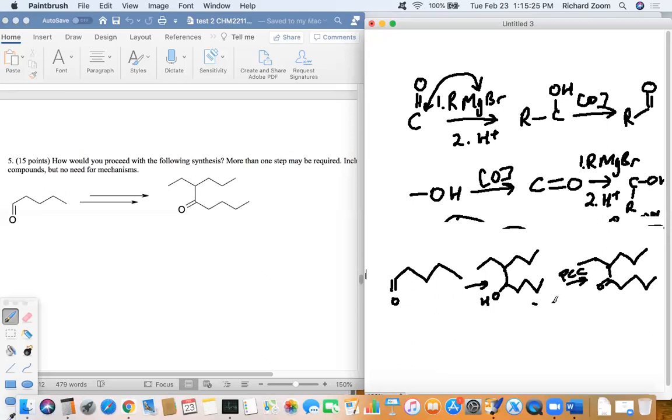Oh, yes, secondary alcohol turns into a ketone. I could have used CrO3 here if I'd wanted to, but PCC is fine.